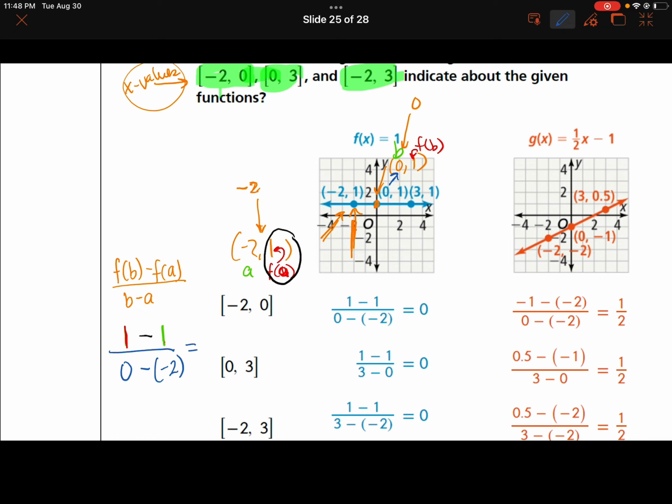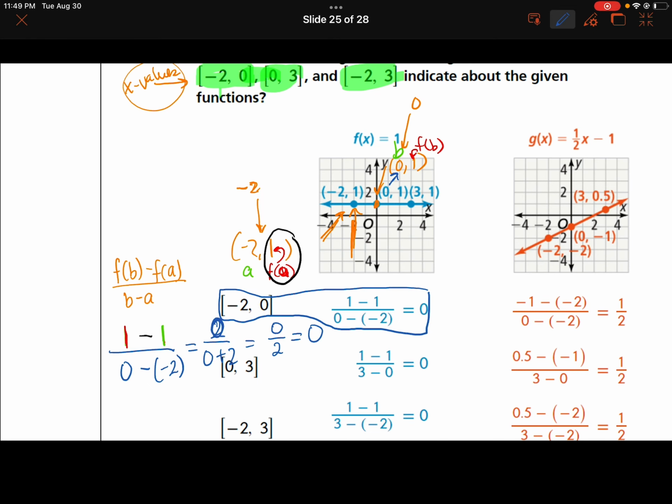So 1 minus 1 is 0, and then 0 plus 2 is 2, so it's 0 over 2, which is just 0. So that is your answer for this interval.